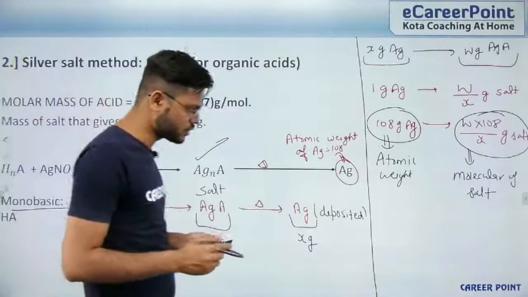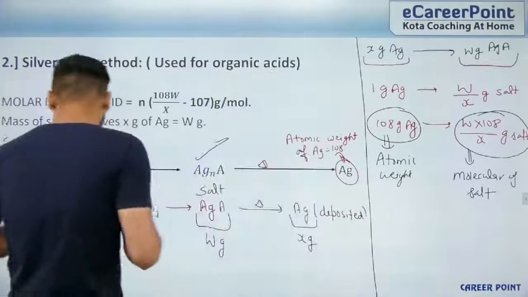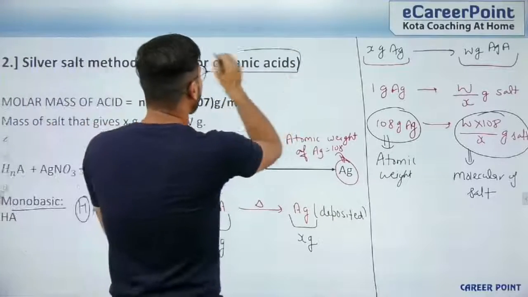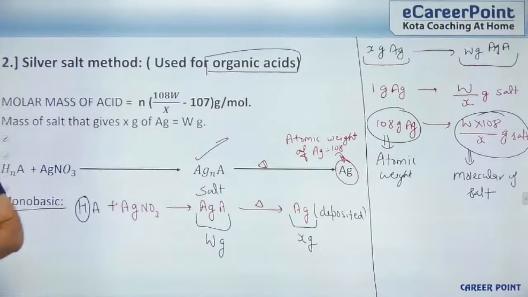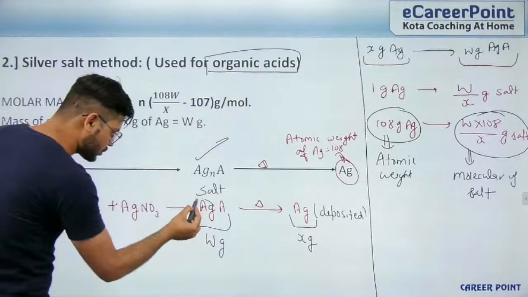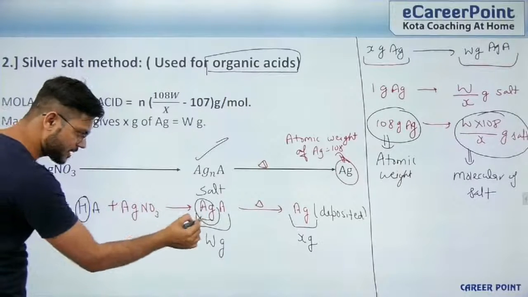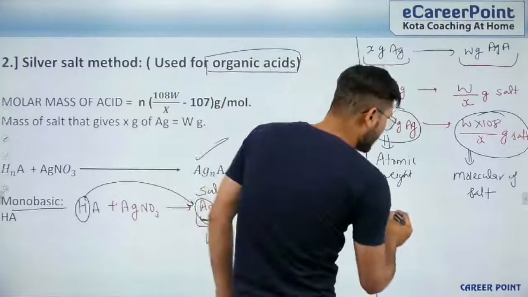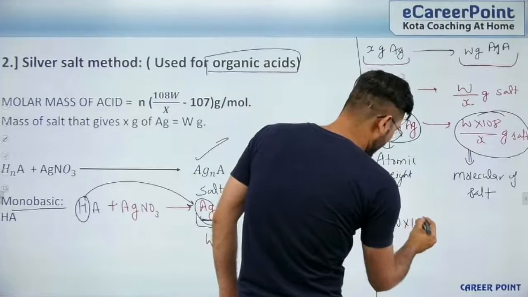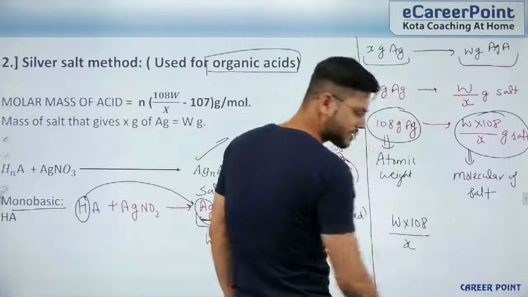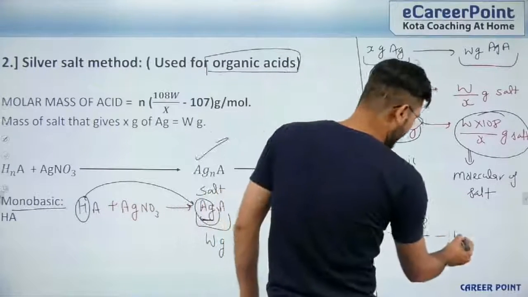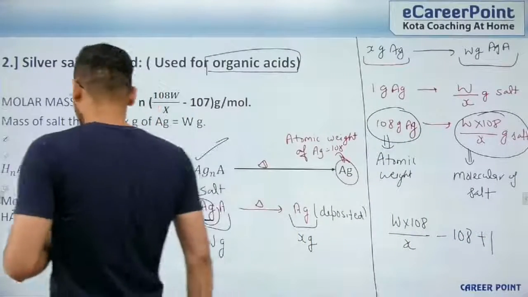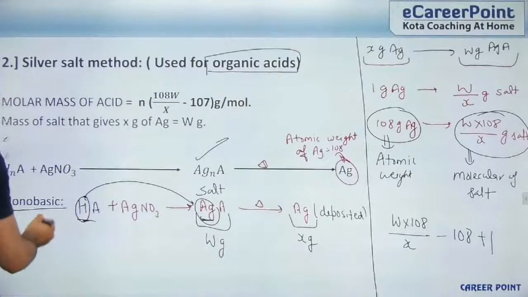Now let's see what we need to do. In this case, what is our motive? Our motive is to find the organic acid molecular weight. So we got the silver salt, and we need to replace the Ag and add H. So W into 108 upon X, remove the silver weight 108, plus 1, which is the hydrogen.